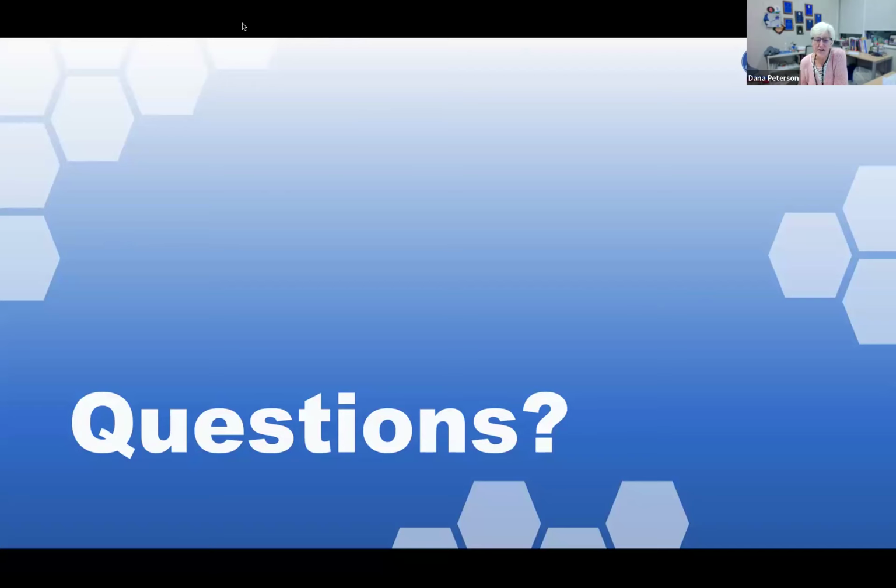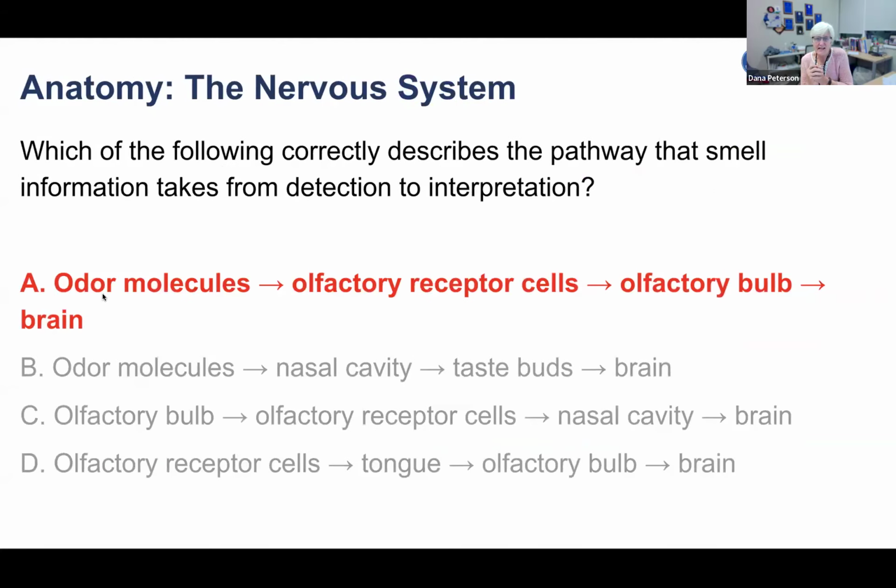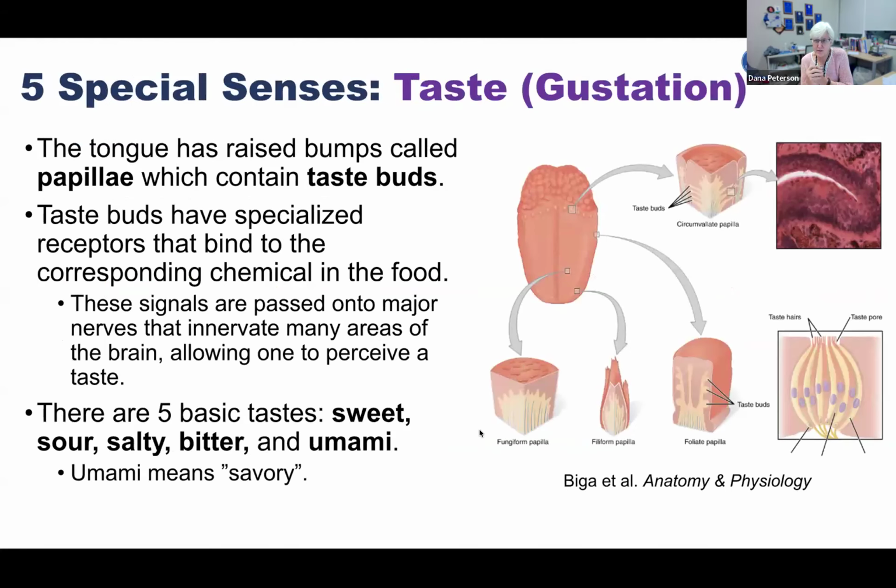Hey, Dylan, it's Dr. Peterson. Why don't we go back to your tongue slide and the papillae question? Because I do think we need to clarify that for everybody, both in real time and on the recording. Can you go to the question itself?